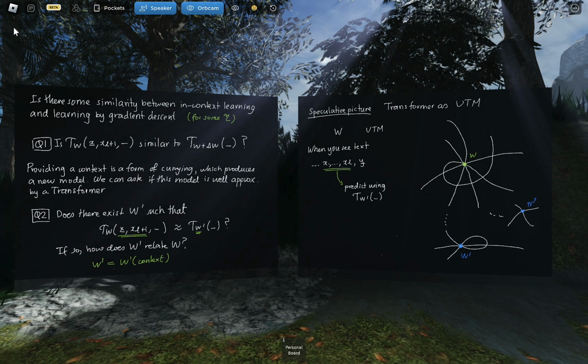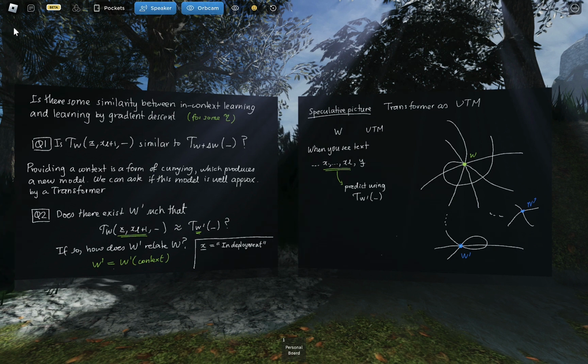Any other questions? Is that similar to requiring w prime to be close to w, so that it's some kind of local step, even if it's not a gradient step? Yeah, it might be. I'm not sure I want to even commit to that. So this is a bit of a silly example, but the idea of the treacherous turn is that when you see this prefix, TW prime is suddenly very different to TW, right?